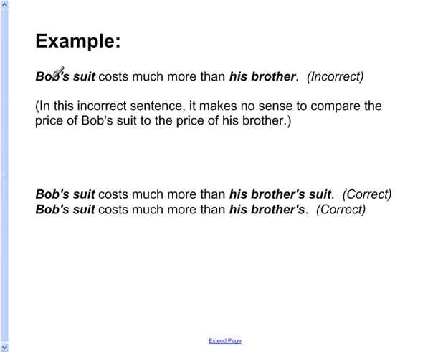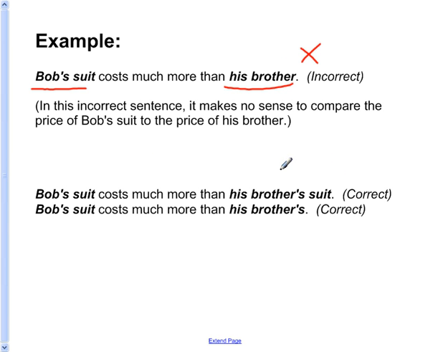Bob's suit costs much more than his brother. Here, Bob's suit, an item, is being compared to a person, his brother. It's an absurd comparison. It's considered out of parallel. So we're not talking grammatical structure here. We're talking meaning. So it's a little bit different than the other 3 rules.